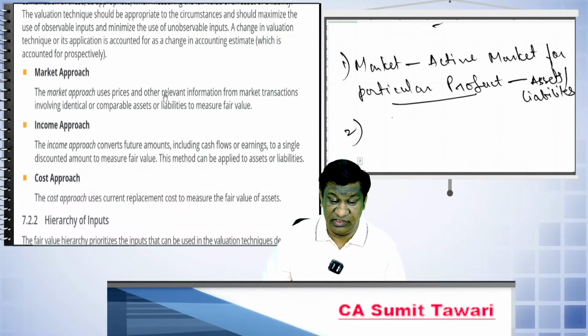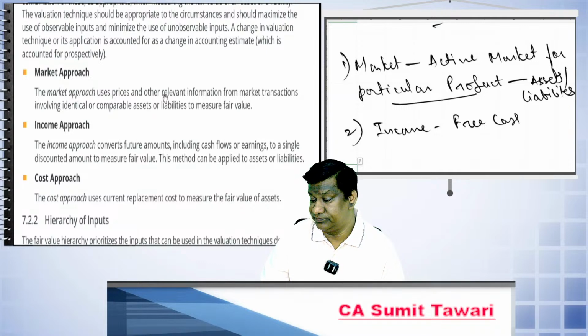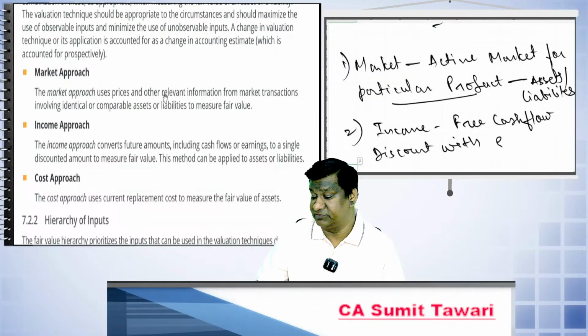Second is the income approach. Income approach means what we are going to do: we need to calculate the free cash flow, and then discount it with a proper percentage or expected rate of return.